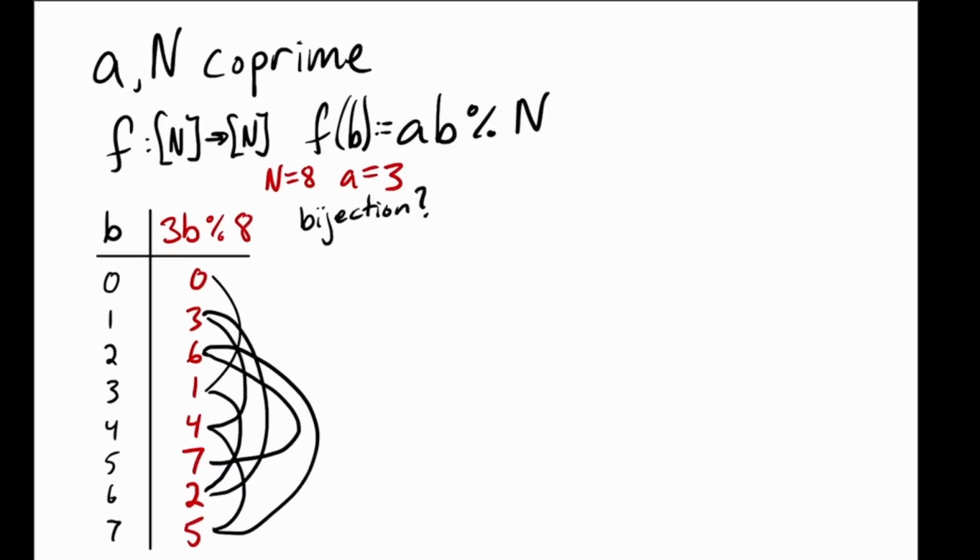And is that always going to be true? And the answer is, well, yes. And the reason is we can just derive this directly from the rules about division. Now that we know that a and n were co-prime, we know first that if f of b1 is equal to f of b2 for two values of b, then it must be the case that 3b1 is congruent to 3b2 mod 8.